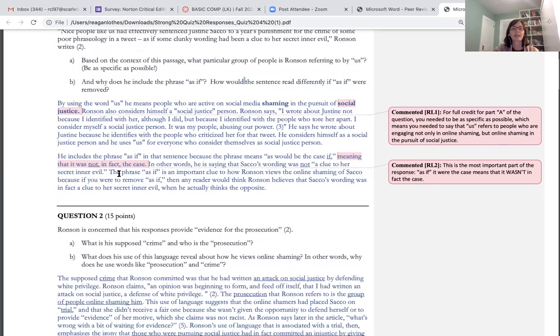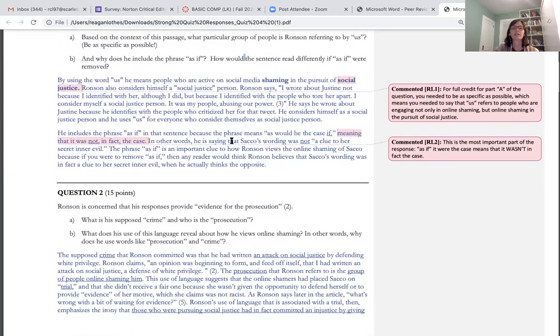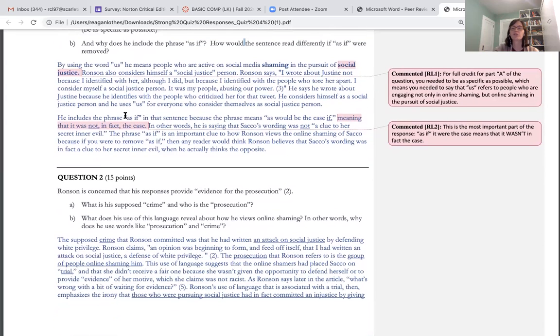Okay, so just a little note. We want to make sure that when we move to the second part of our response, we really offer a definition of what "as if" means.